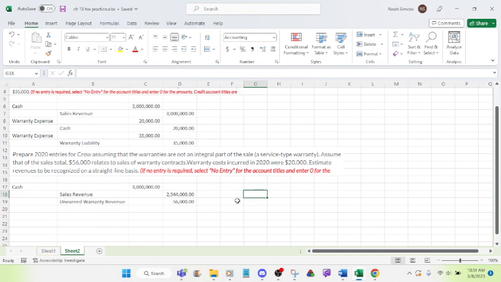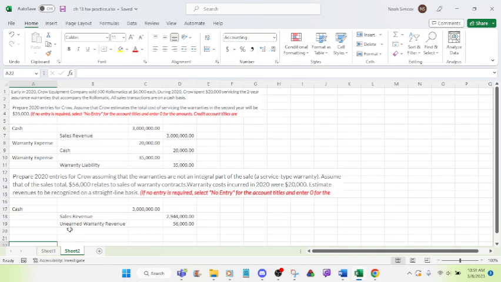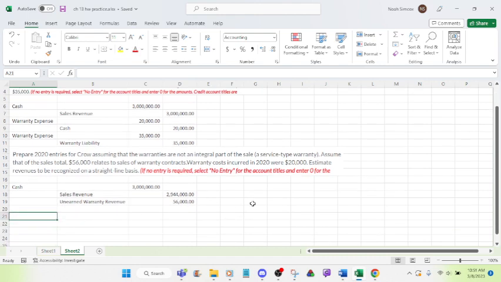So, warranty costs incurred in 2020. So for the warranty costs, you do, oh my goodness. There's like 3 different things. So they incurred warranty costs.